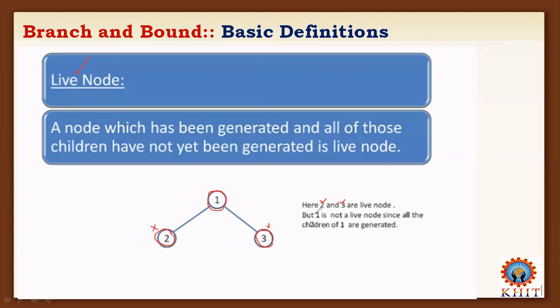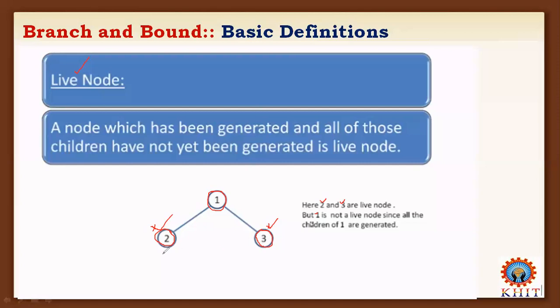But node 1 is not a live node. Node 2 and node 3 are considered live nodes, but node 1 is not a live node since all the children of node 1 are generated. The children generated for node 1 are 2 and 3. So node 1 having two child nodes is not considered a live node. There are no children for node 2 and no children for node 3.